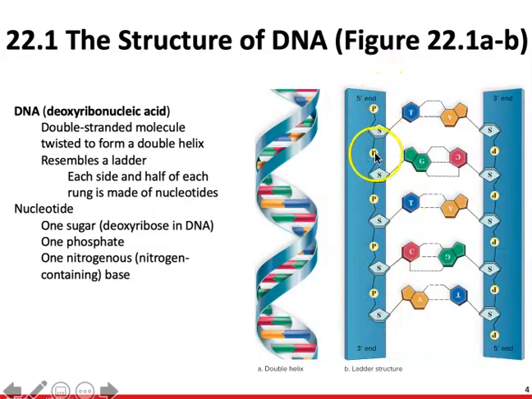It goes phosphate, sugar, phosphate, sugar, phosphate, sugar, phosphate, sugar, all the way down. And then branching off to the side of that, you have our nucleic acids, adenine, guanine, thymine, and cytosine, all the way down. This phosphate, sugar, nucleic acid section is what's referred to as a nucleotide.